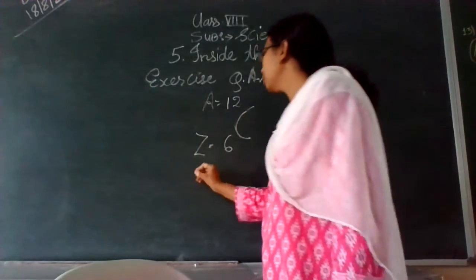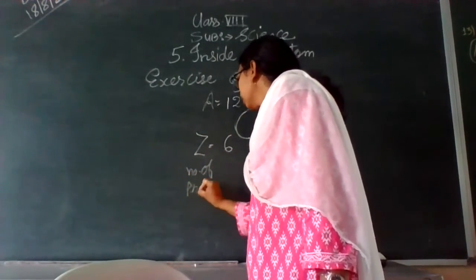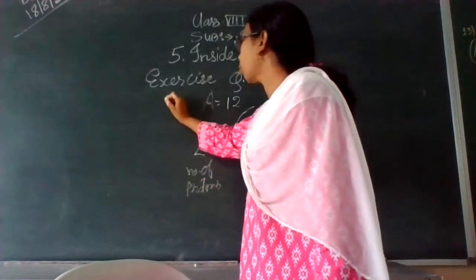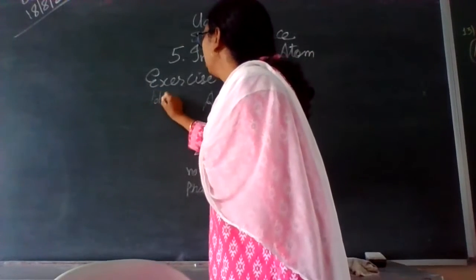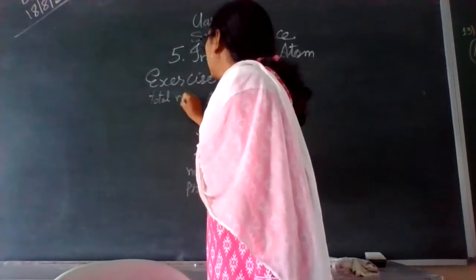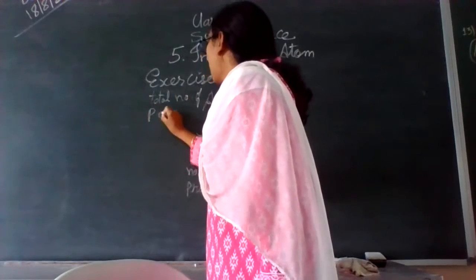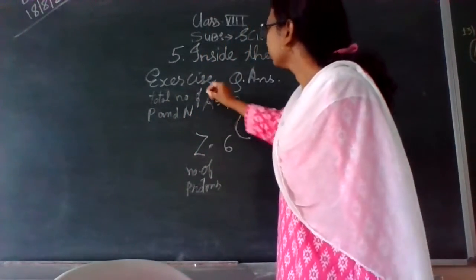Z decides the number of protons, and A, that is atomic mass, is the total number of protons and neutral neutrons.